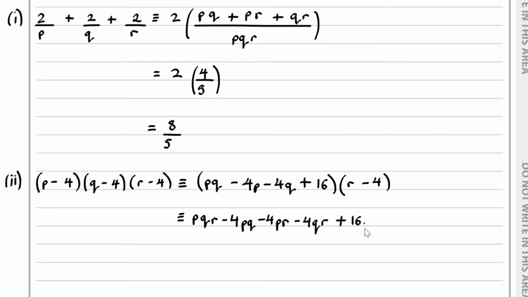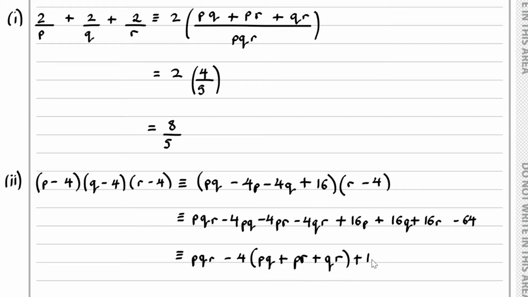So we have 16p plus 16q plus 16r, and then 16 times by minus 4, which is minus 64. If we collect all the terms together and factorize, we have pqr minus 4 lots of pq plus pr plus qr, and then 16 lots of p plus q plus r, and then this minus 64.